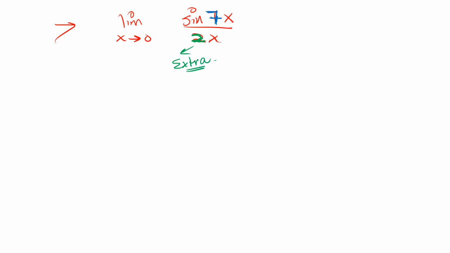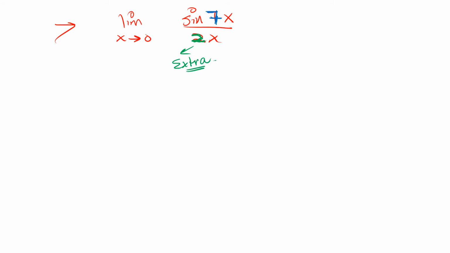What will you do if something extra is written with the function? So if limit x approaches 0 of sine 7x over 2x is written, you can see in the angle you need the 7x, right? Here in the denominator you don't have the 7, you have the 2x. So you don't require this 2. You want 7, you don't need this 2. This 2 is the extra thing which is not required to solve this question.